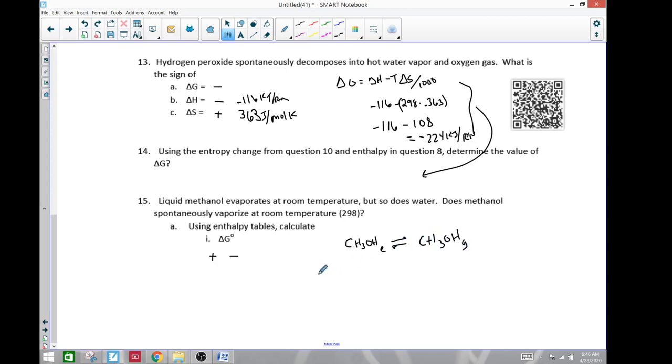The overall idea of this particular problem is to solve your delta G. So delta G equals delta H minus temperature times delta S.